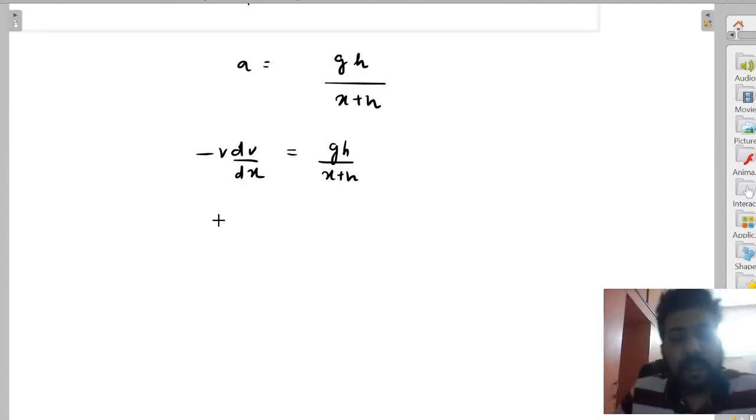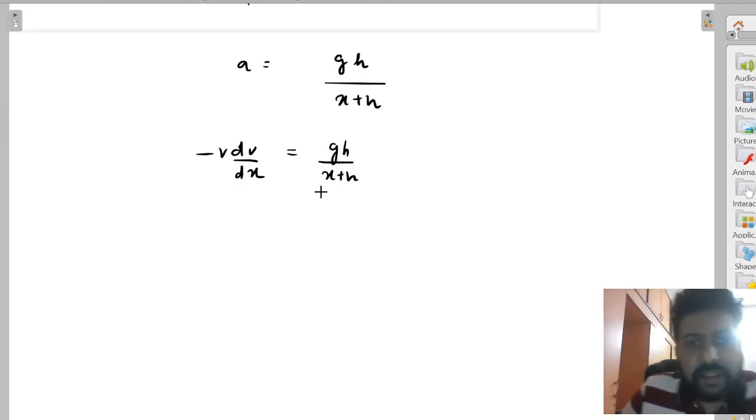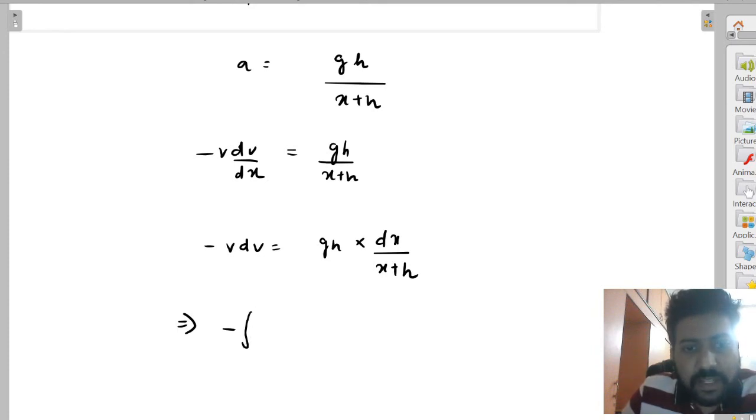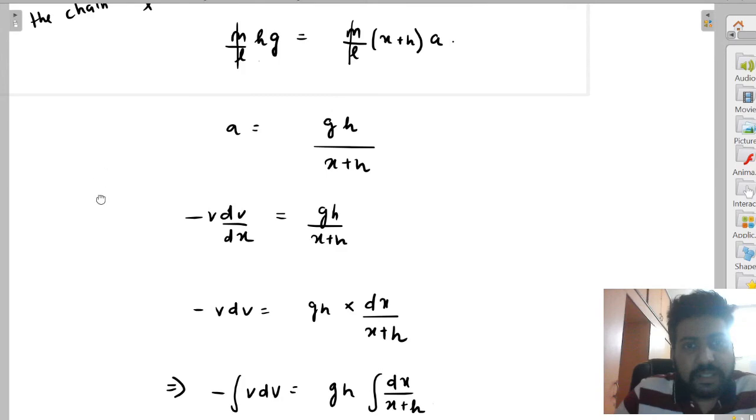So here separate the variables and integrate. So you will say -v dv = gh dx/(x + h). From this you will get -∫v dv = gh ∫dx/(x + h). Now let us look at the limits.